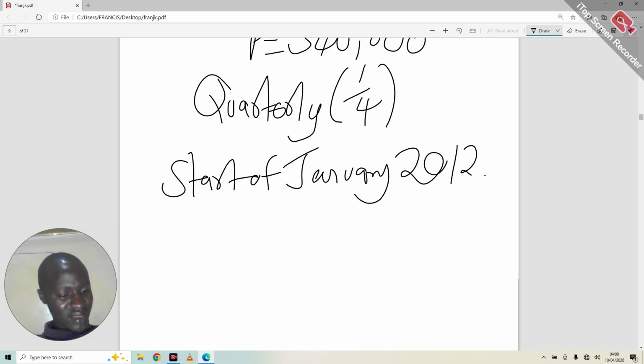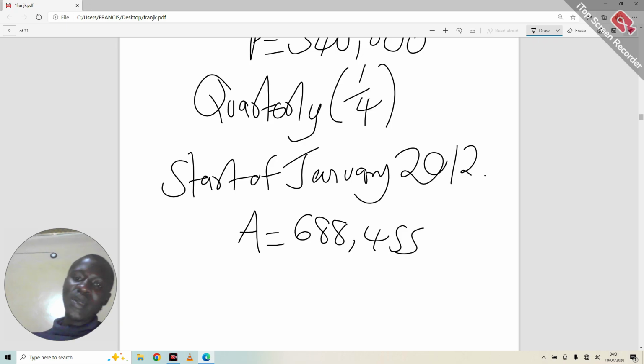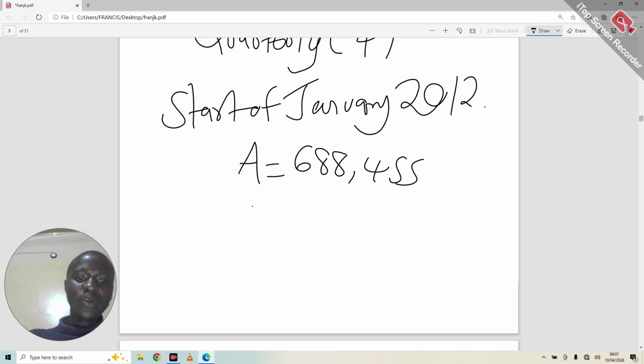So let me read this part. At the start of January 2012, his account had 688,455. So what is that figure? That is the amount. At what rate per annum? They want us to get the rate per annum.